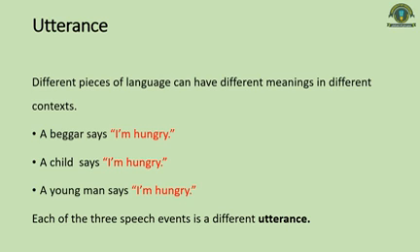So we can say an utterance is an act of speech or writing. It is a specific event at a particular time, and not only at a particular time, but also in a particular place. It involves at least one person, the one who produces that utterance, but there might be more than one person.